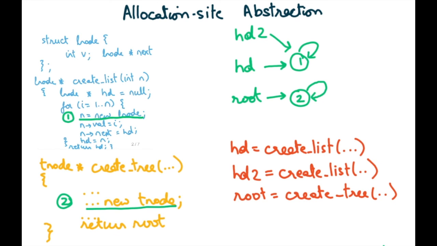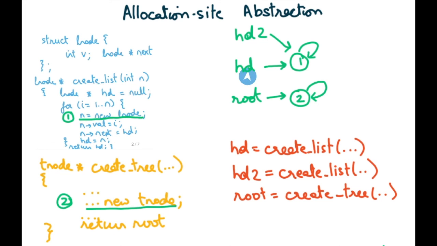Here's another example. Let's say the create list function was called twice. Here's an example where the allocation site abstraction actually creates more imprecision than desirable. Because both head and head2 are calling the same function to create the list, there's only one allocation site representing both the lists created by both the function calls.